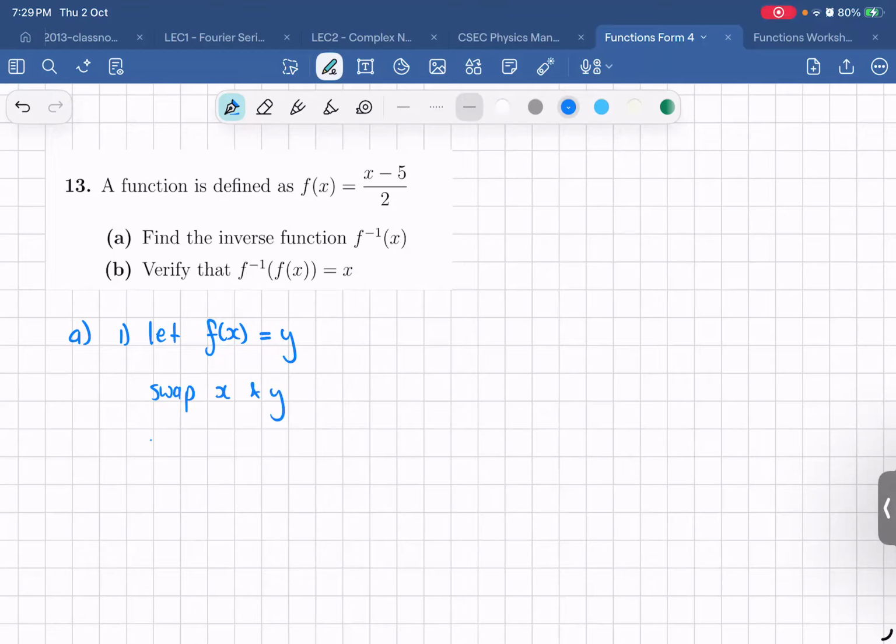The last step is to make y the subject. And the last step is to write your answer in inverse function notation. All that basically means write your answer as f inverse x.